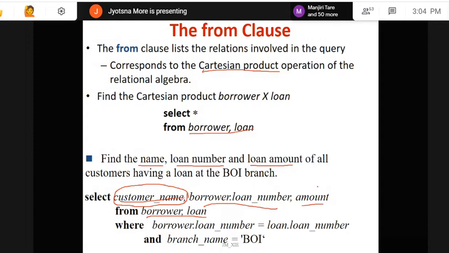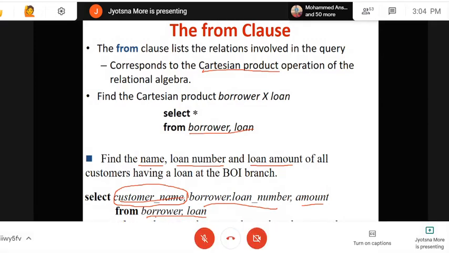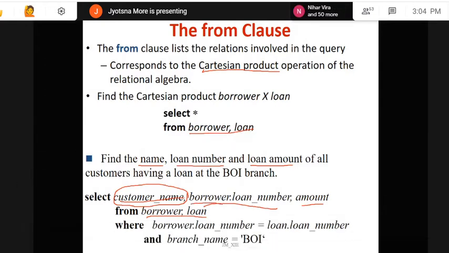So by default it will take from that table only. Loan number is present in both tables. So I have taken the primary key table, borrower, because borrower is matching with the customer. If you take loan.loan number, you will still get the same answer. Don't worry about that.